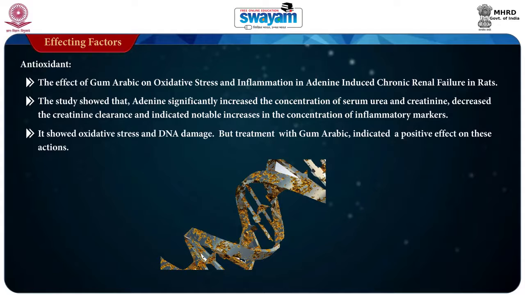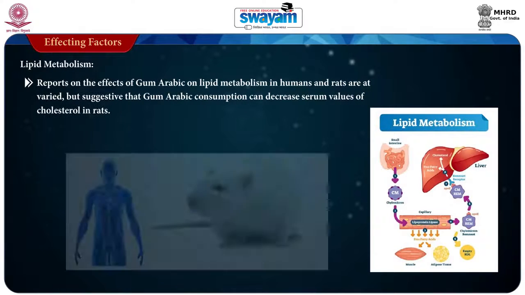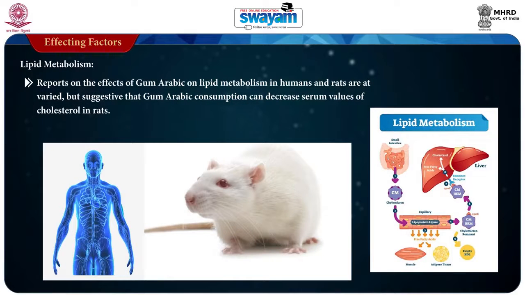But treatment with gum arabic indicated a positive effect on these actions. Regarding lipid metabolism, reports on the effect of gum arabic on lipid metabolism in humans and rats are varied, but they suggest that gum arabic consumption can decrease the serum values of cholesterol in rats.